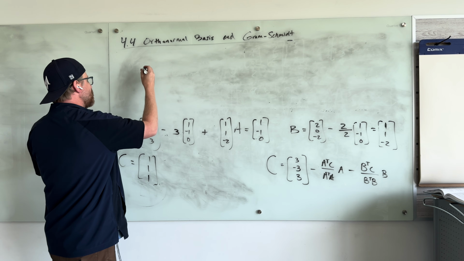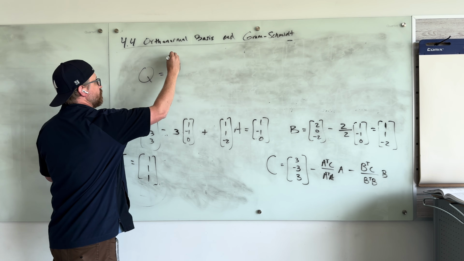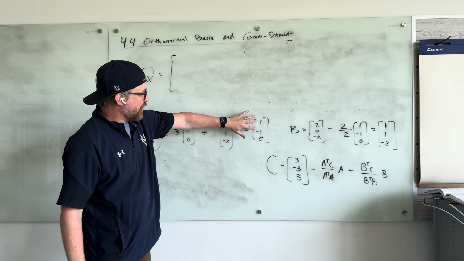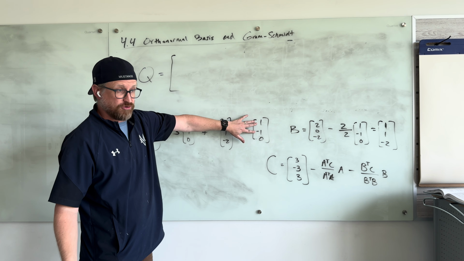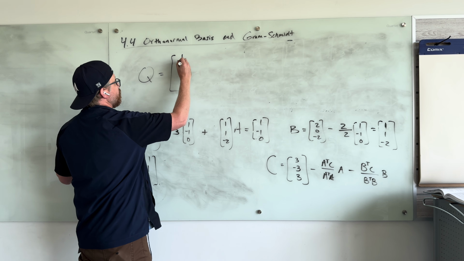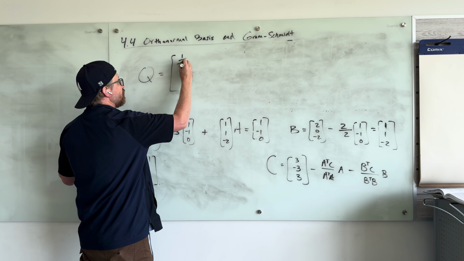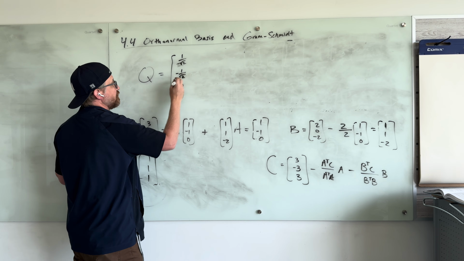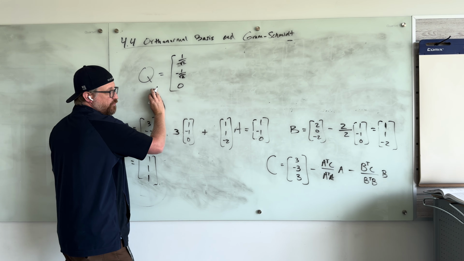So I'm going to go ahead and express it here. We're going to have Q is, if I take my A and dot it with itself, remember how we got 2? Well, the square root of that gives its magnitude. So that means 1 over root 2, negative 1 over root 2, and 0. That gives me my first column.